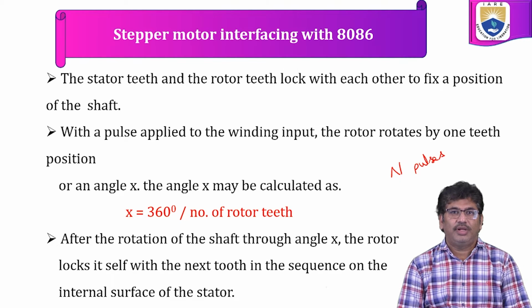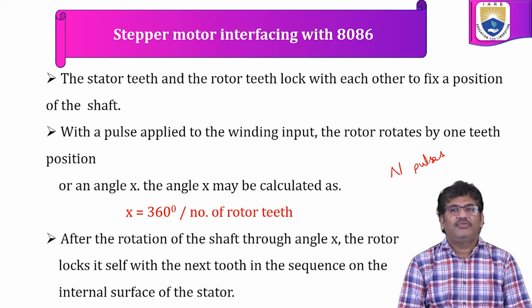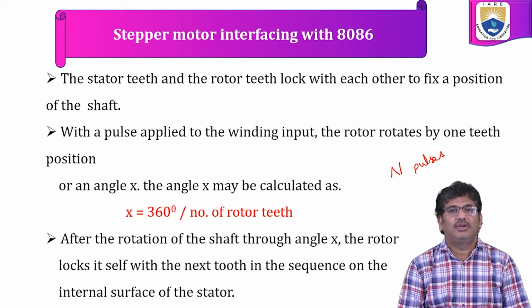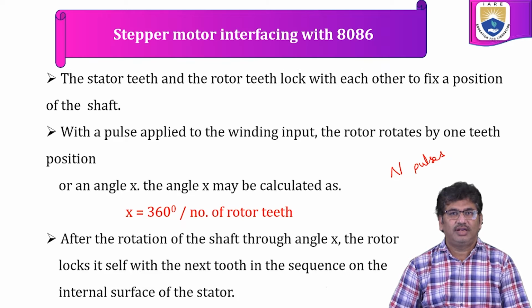For each pulse, the angle rotated is the total rotation of 360 degrees divided by n teeth. So after the rotation of the shaft through an angle x, the rotor locks itself with the next tooth in the sequence on the internal surface of the stator.